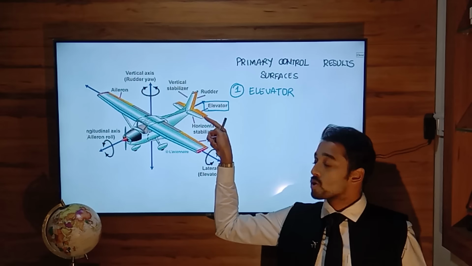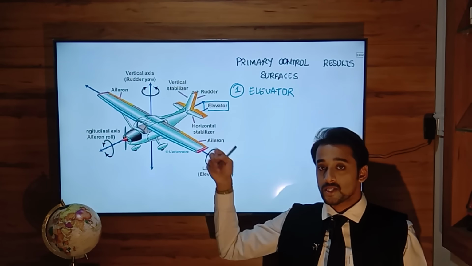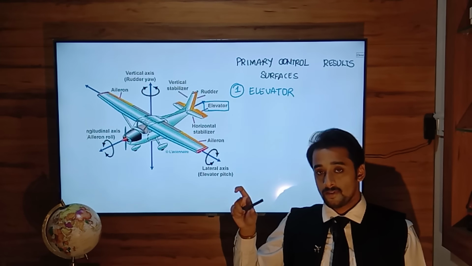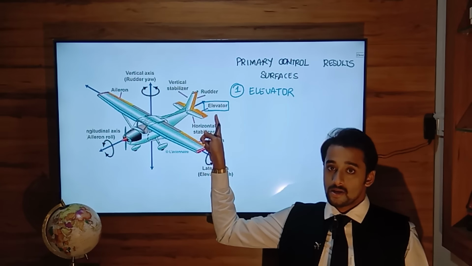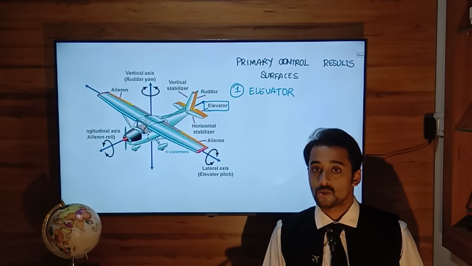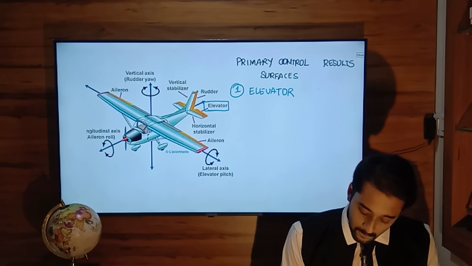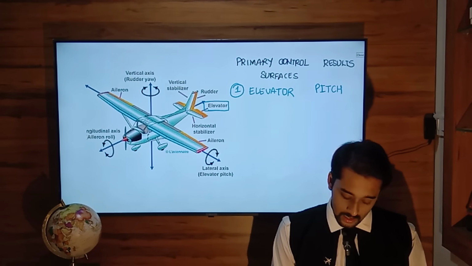And the portion towards the back, the yellow shaded portion, that is called the trailing edge, which is at the back. And there is a control surface which is movable, and that surface is called the elevator. So the elevator is the first primary control surface, a very important surface, and it produces pitch. So we can pitch up or pitch down with the help of the elevator.